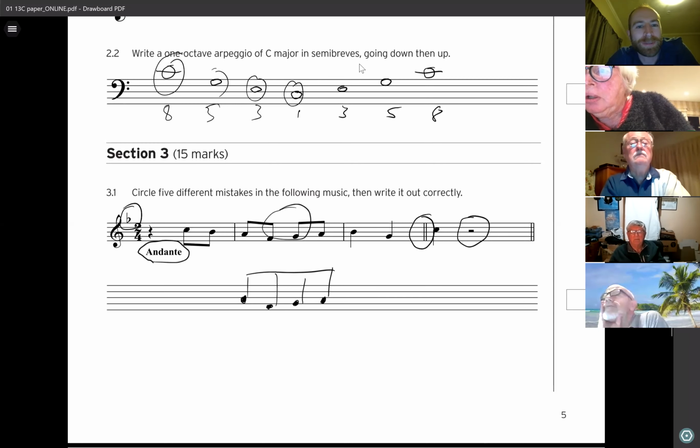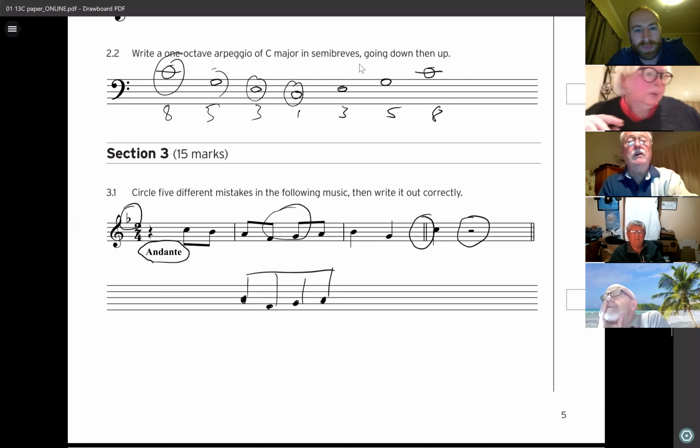Crotchets you don't. Because if you put a beam between those 2 crotchets, they would in fact become quavers. Yes. Mm, yeah, I see. What I thought they were, crotchets that become quaver, quaver, quaver, quaver, quaver, quaver, crotchet, crotchet, crotchet.